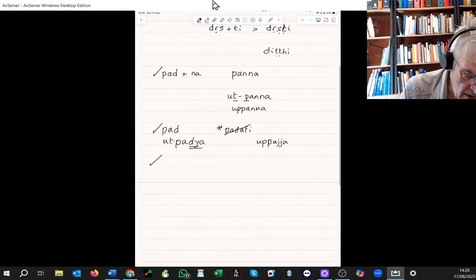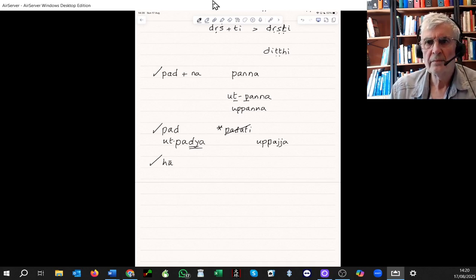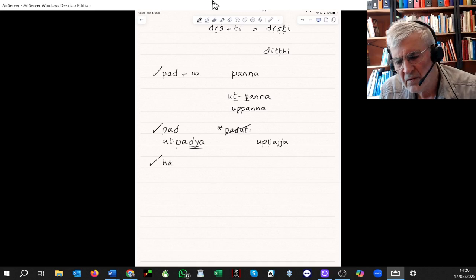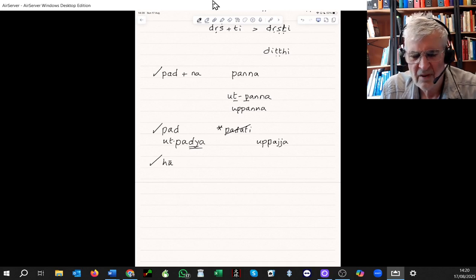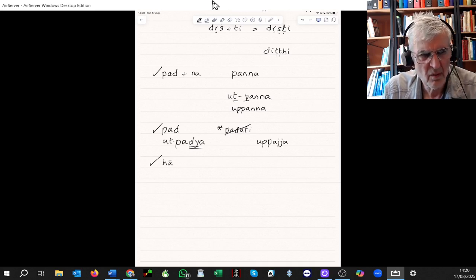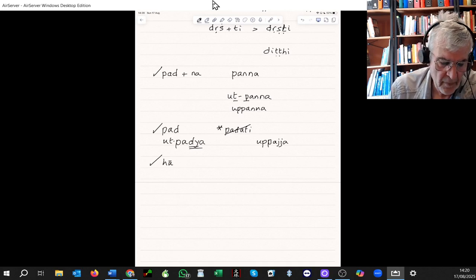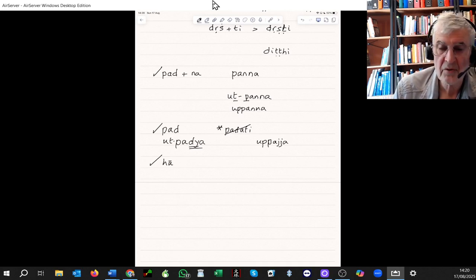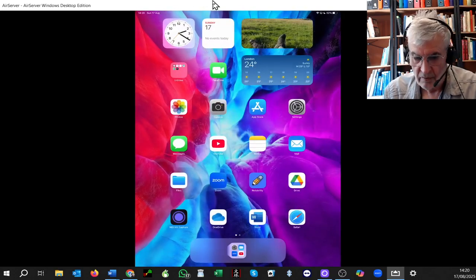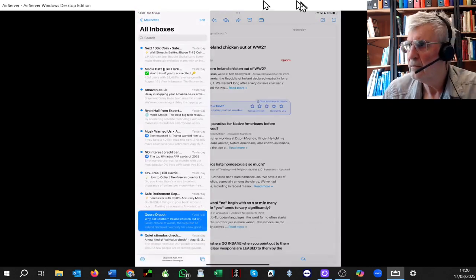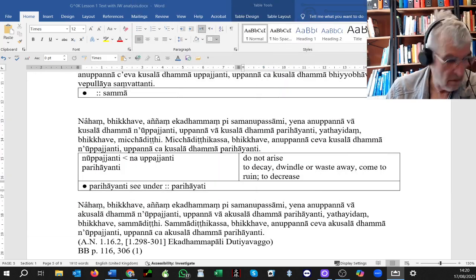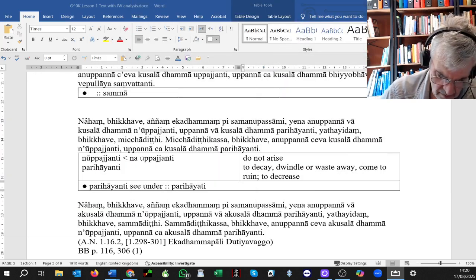The root ha, which means either to abandon something, or it can be intransitive as well, to disappear, waste away, get lost.